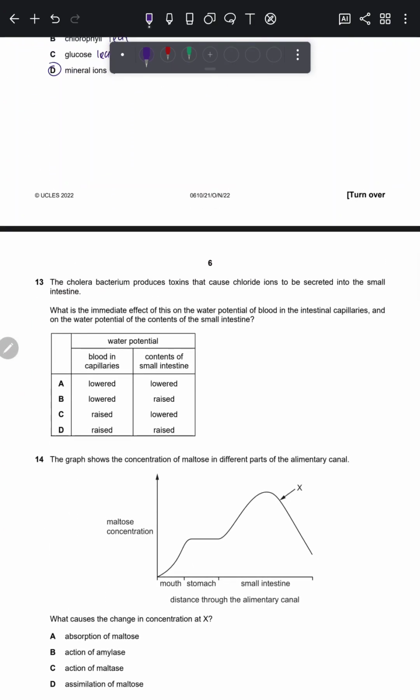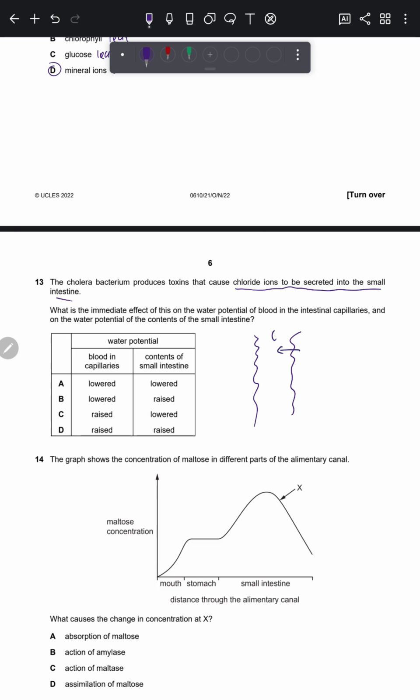Okay, the cholera bacterium produces toxins that can cause chloride ions to be secreted into the small intestine. What is the immediate effect of this on the water potential of the blood in the intestinal capillaries? So, we have the intestine, and we see that chloride ions are secreted into the small intestine.